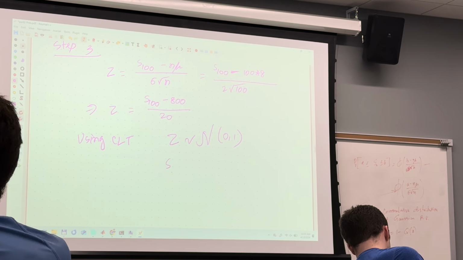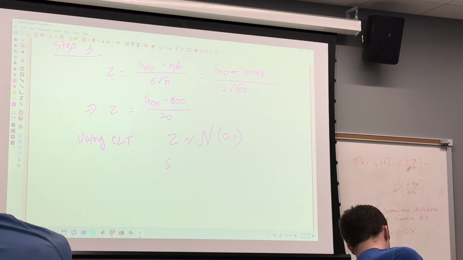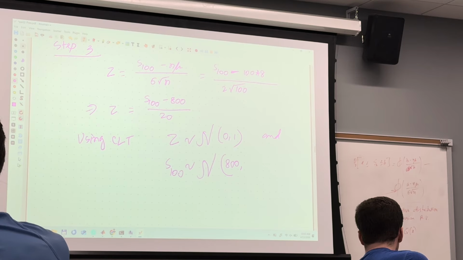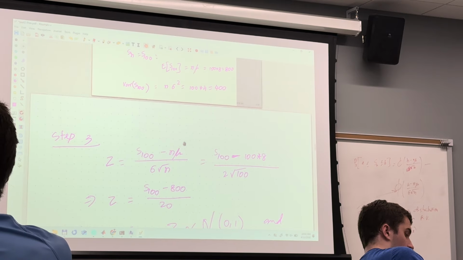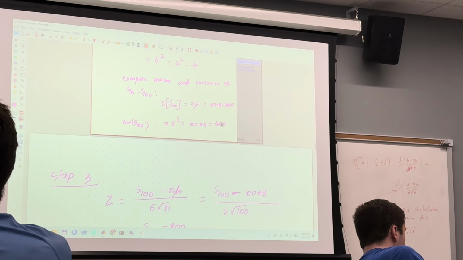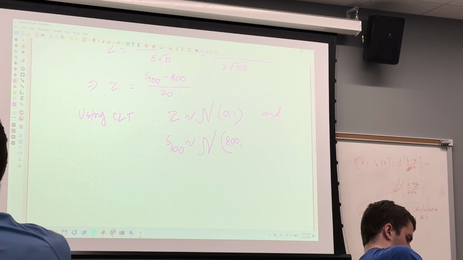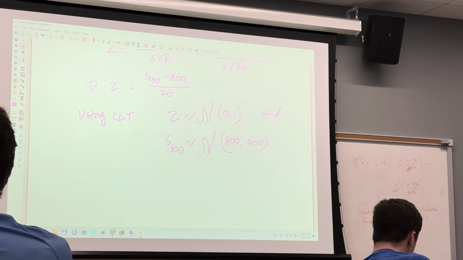And S100 follows a Gaussian distribution with mean n mu, 100 times 8, which is 800, and variance 400.